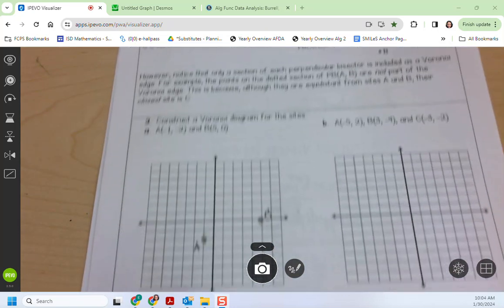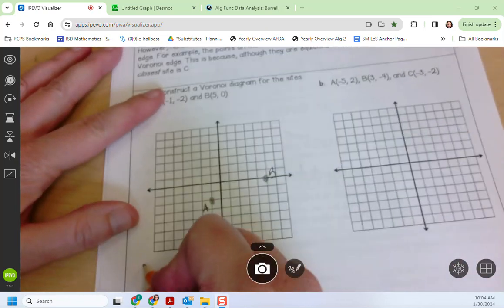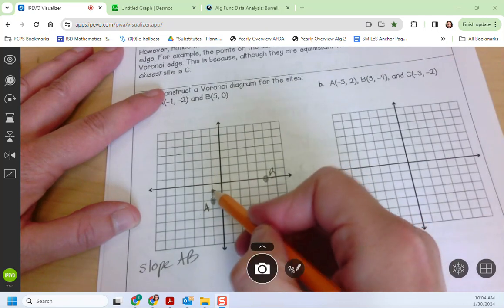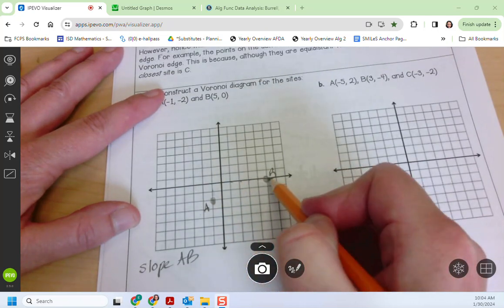All right, so for the perpendicular bisector, we need to find the midpoint, and then we need to find the perpendicular line through it. So the slope of AB is up 2 and over 1, 2, 3, 4, 5, 6.